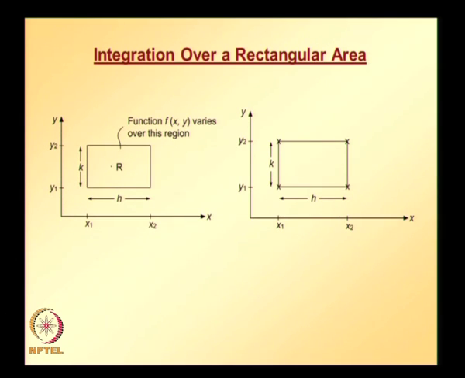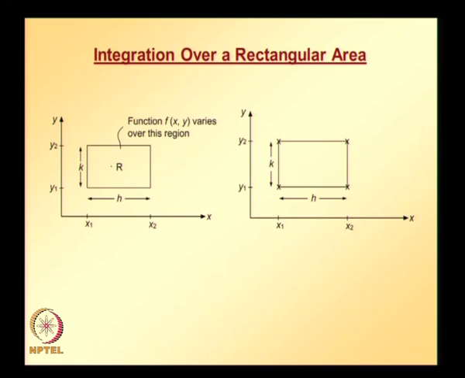So, let us take a rectangular area like the figure that is shown on the left hand side, and now if you recall trapezium rule, we are actually basically using 2 points in trapezium rule. So, the 2 points along x direction and 2 points along y direction are shown in the figure on the right hand side.